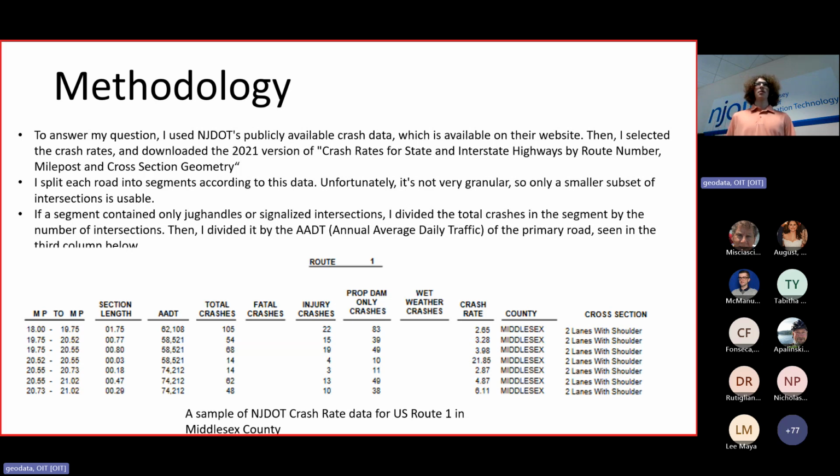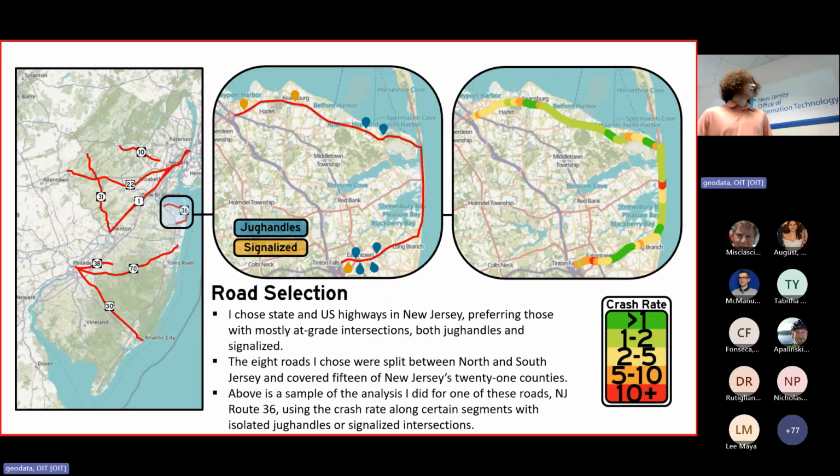each segment. Segments that contained only jug handles, I marked as jug handle segments, and segments that contained only signalized intersections, I marked as signalized intersections. And so you can see that a little bit visually in this, for example, on New Jersey Route 36, how I made these differentiations.